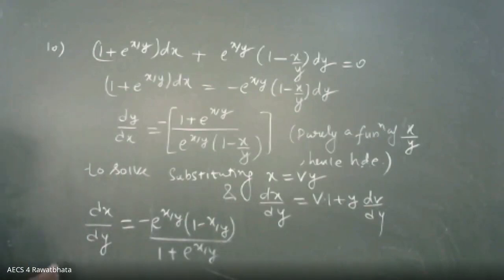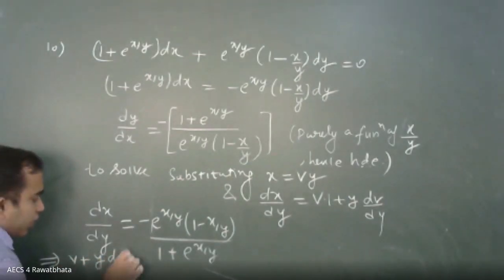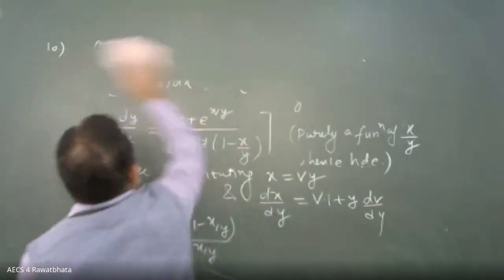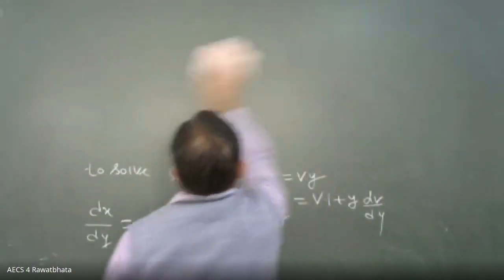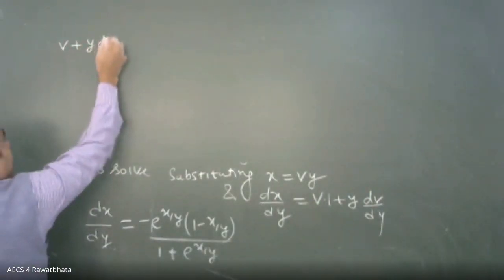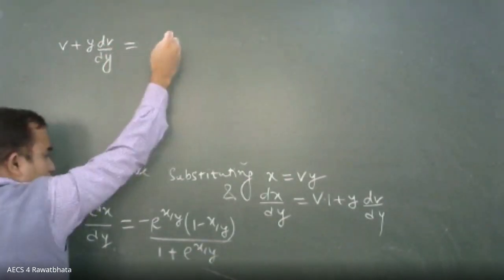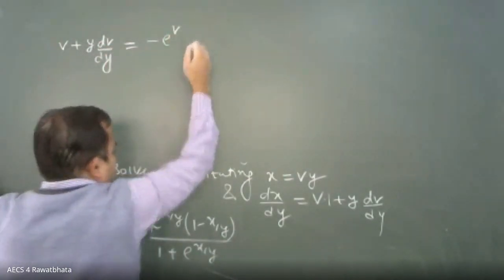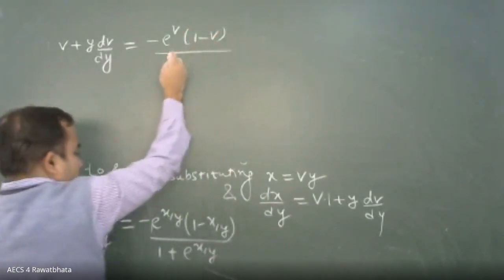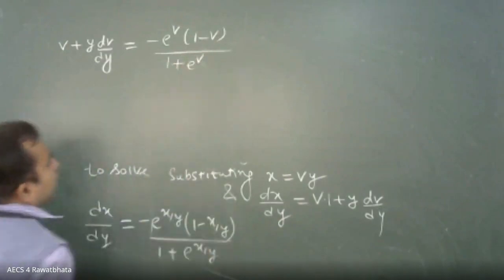So this will give me dx upon dy replaced with v plus y dv upon dy equals to minus e to power v, x is put as vy, so v into 1 minus v whole upon 1 plus e to power v.